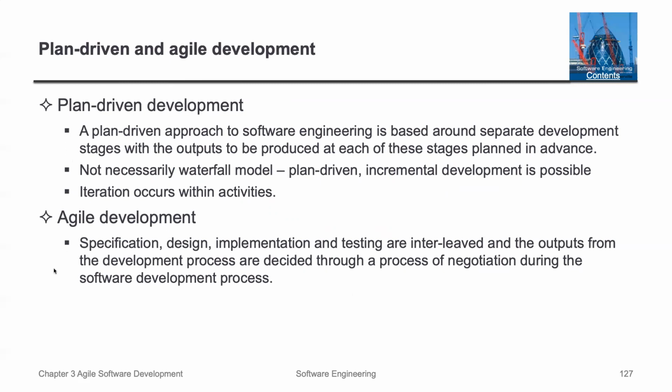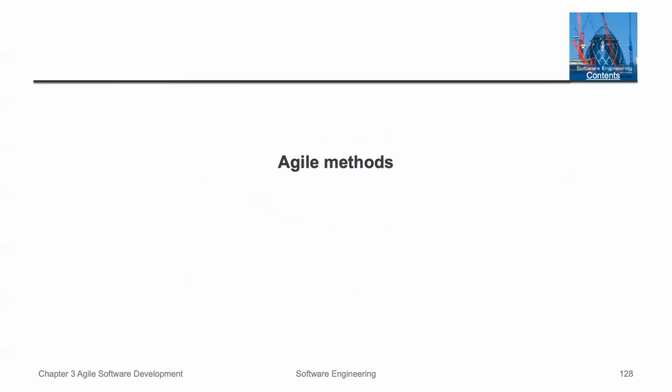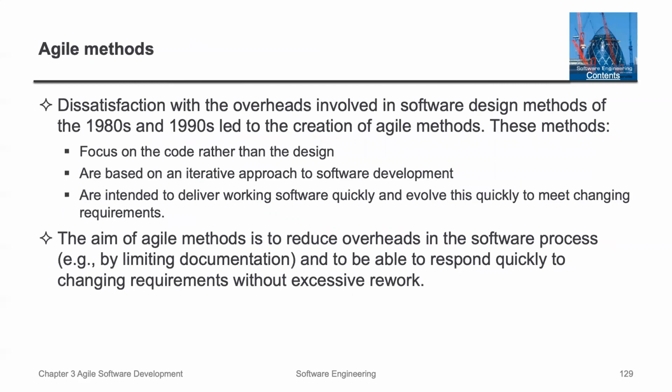So that would be the one approach, and the other one is agile development, where the specification, design, implementation, and test are interleaved, and the outputs from the development process are decided through a process of negotiation during the software development process.